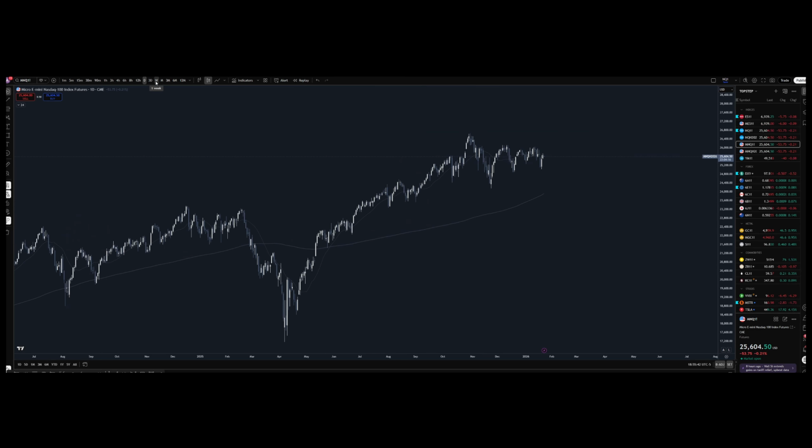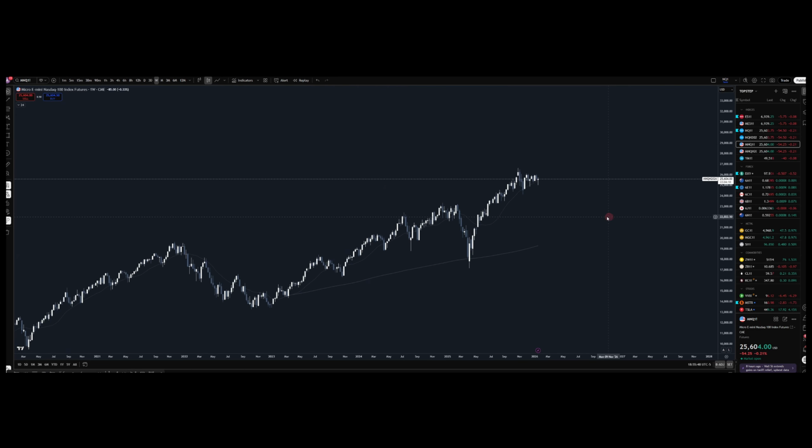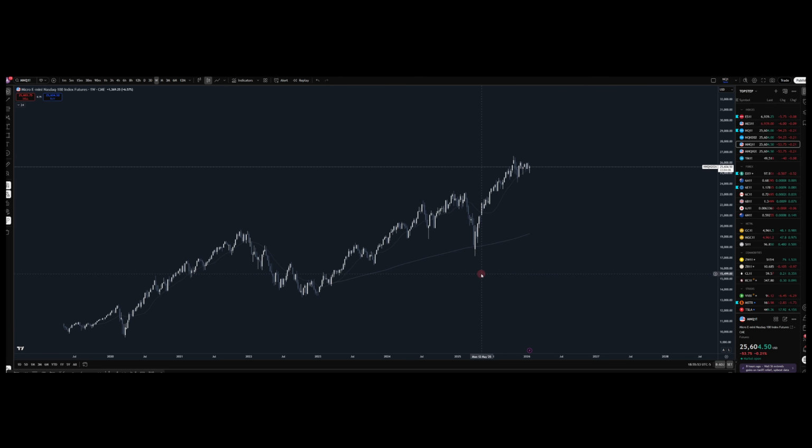Same thing, if you struggle to see them on the daily, we can just keep going higher and go to the weekly. We look for those first low pivots and then we can work our way up. So we get that breakout, our main swing.